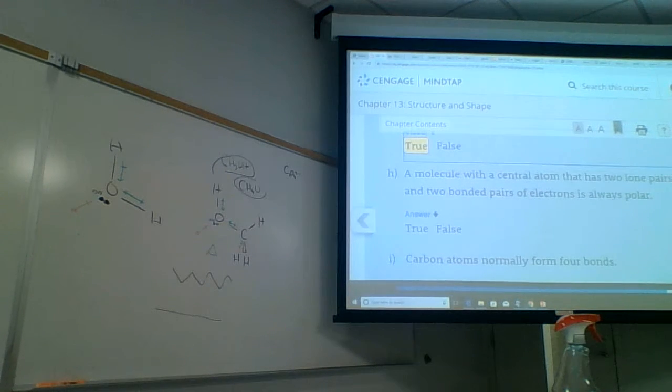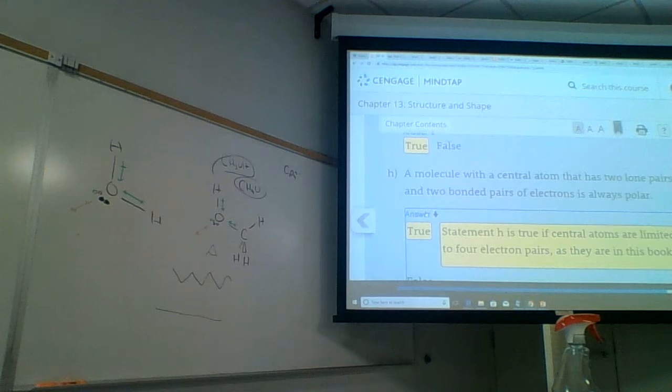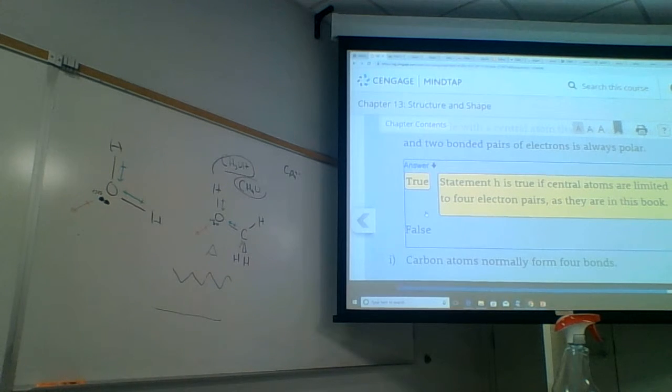A molecule with a central atom that has two lone pairs and two bonded pairs is always polar. Your book will say that's true, but they qualify it: if central atoms are limited to the 4 electron pairs as they are in this book, and so they're limiting this.